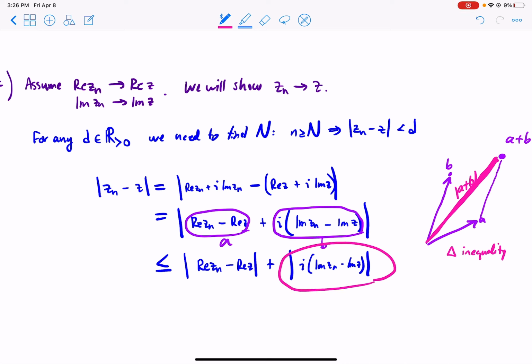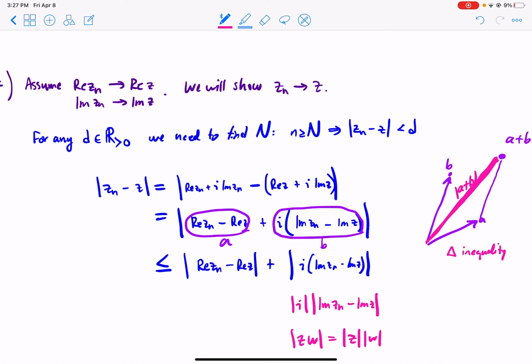This piece here, first of all, there's this annoying I, but remember, we can just do this, because for a complex number, the sizes multiply.